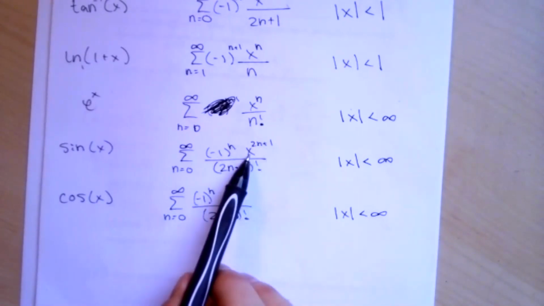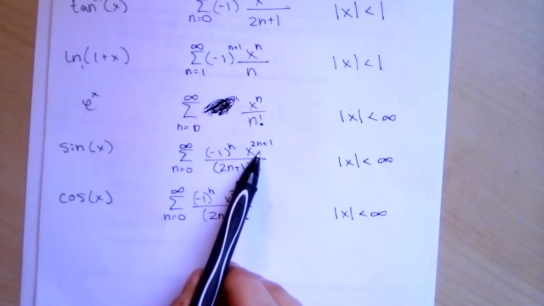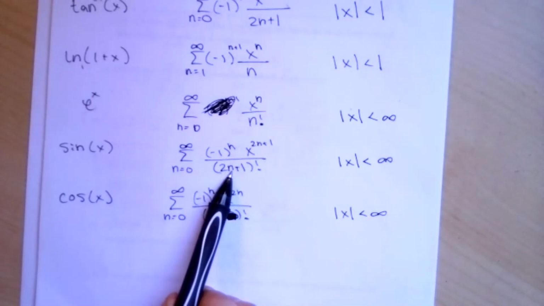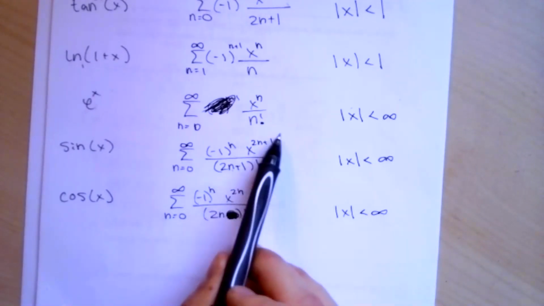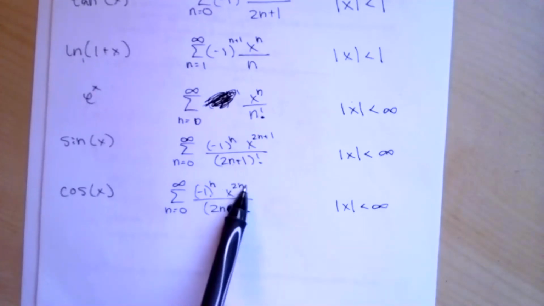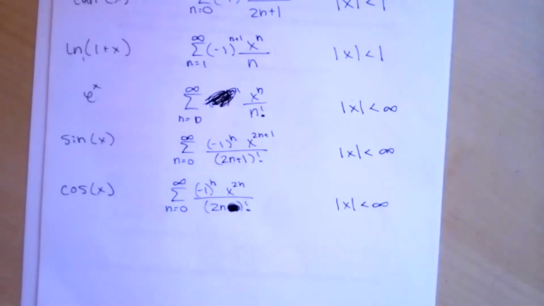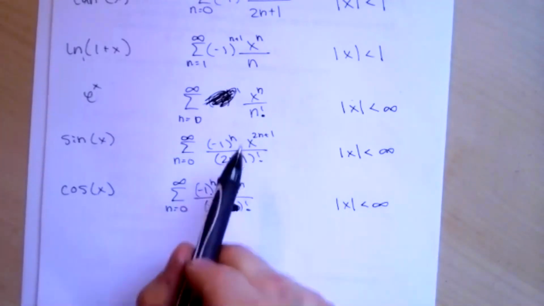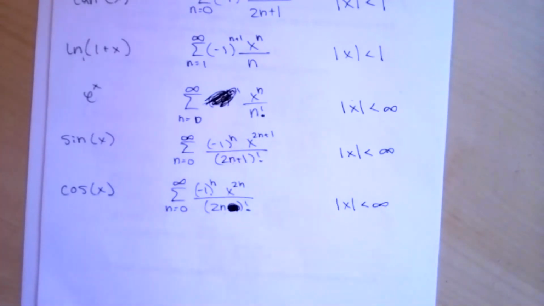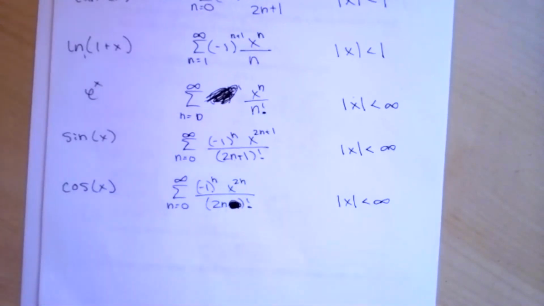Sine has odd terms, odd factorials, cosine has even terms, even factorials, and then sine and cosine just have this alternating notion. So they're very similar, just with the alternating.